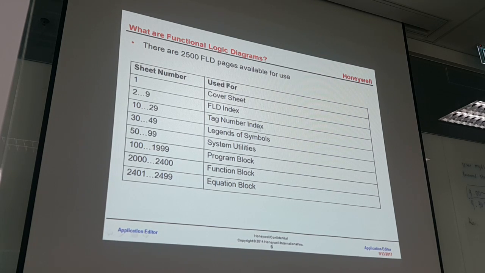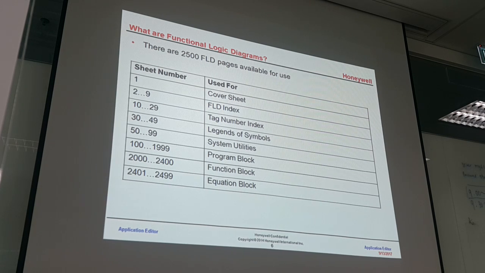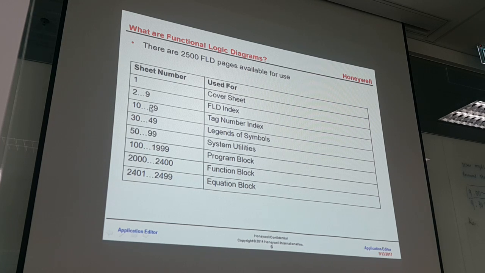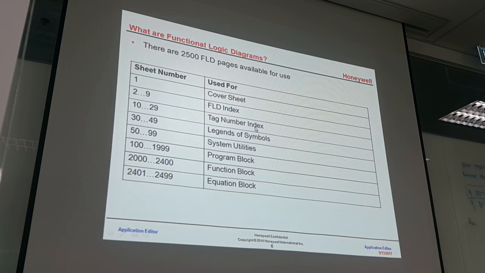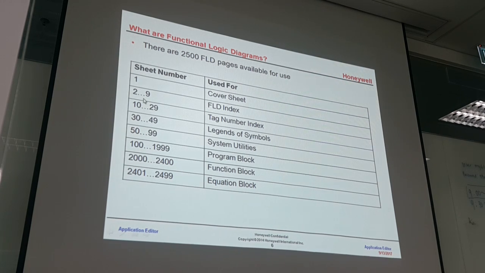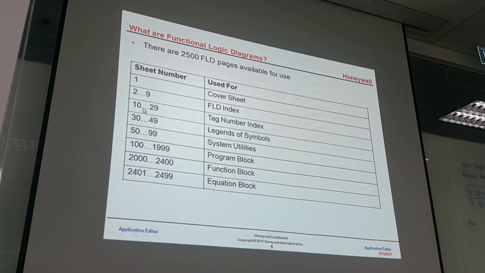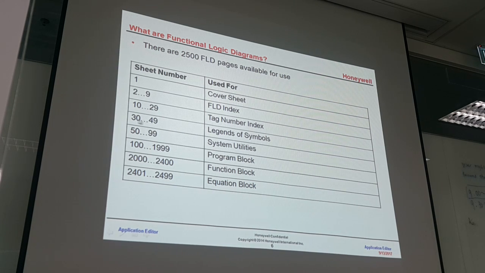It depends. If you have many points in your system, you can leave more pages for the tag number index. But if you have just a few points, you can use fewer. And Honeywell advises you to use pages 30 to 99 for descriptions. You can describe the symbols and some functions in your application.